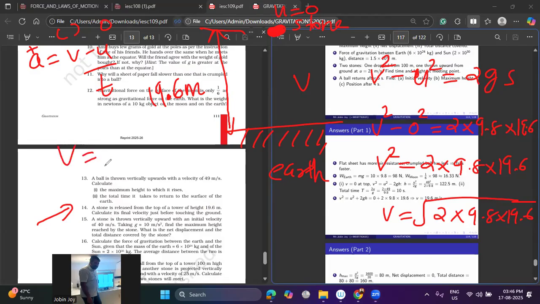So final velocity v is equal to 19.6 meter per second.